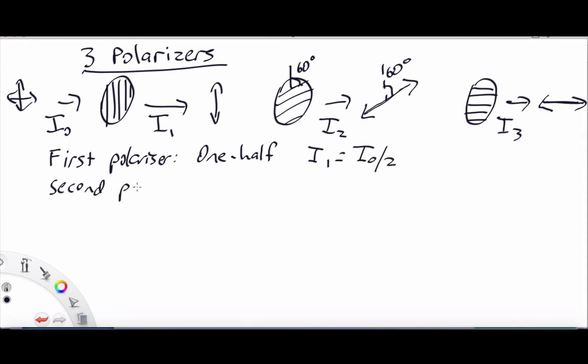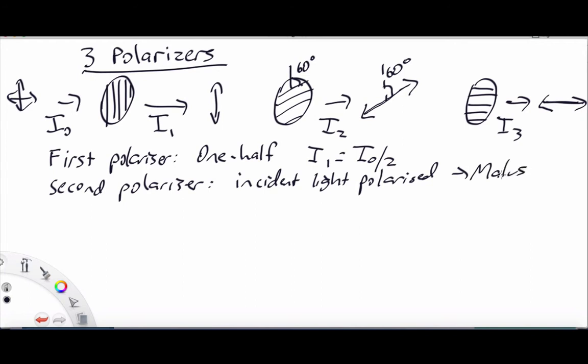Now we get to the second polarizer. So it is polarized incident light, and that means we use Malus's law, or the cos squared law. So that means I2 equals I1 cos squared theta. Theta is 60.